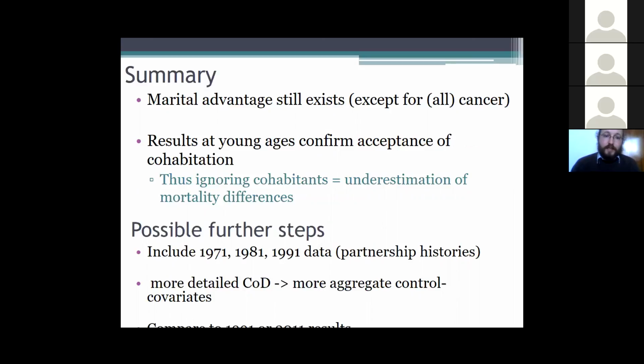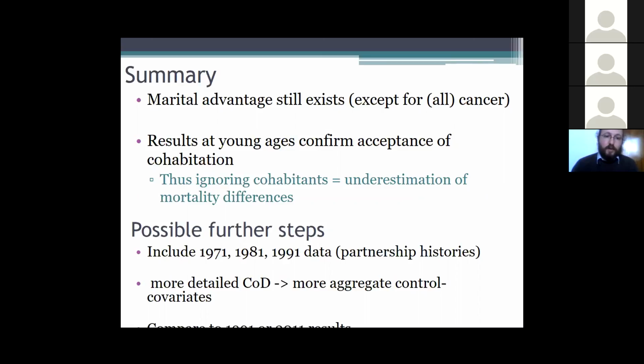The results for the young ages confirm the acceptable behavior. Here, I probably have to add that other research has shown that the more accepted cohabitation is within the country, the smaller the mortality difference, or health difference, between cohabitants and married couples is.